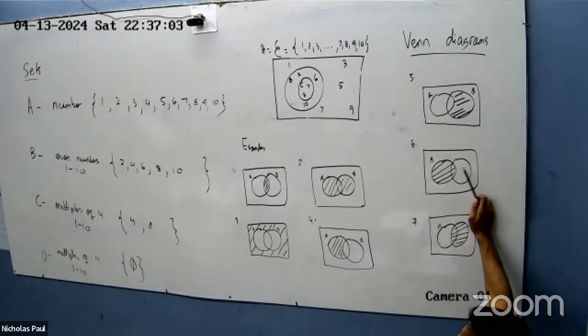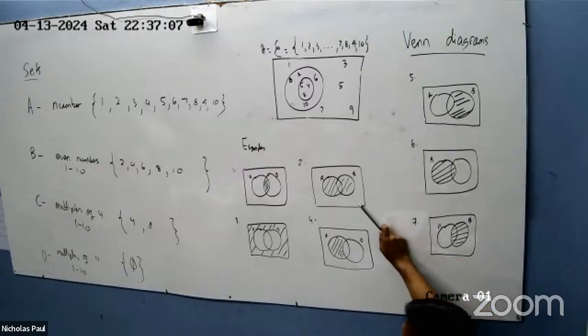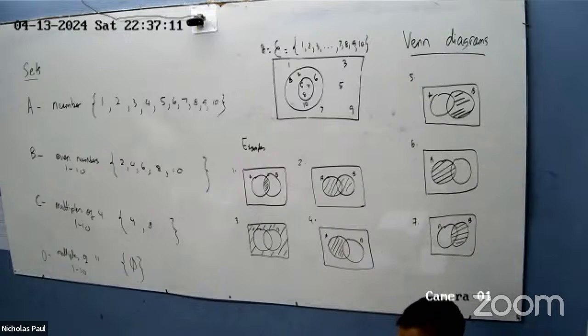These two might be kind of hard, these two are easy, this one easy, this one could be very easy. Numbers 4 and 5 might be a little hard. Write the set notation for all.